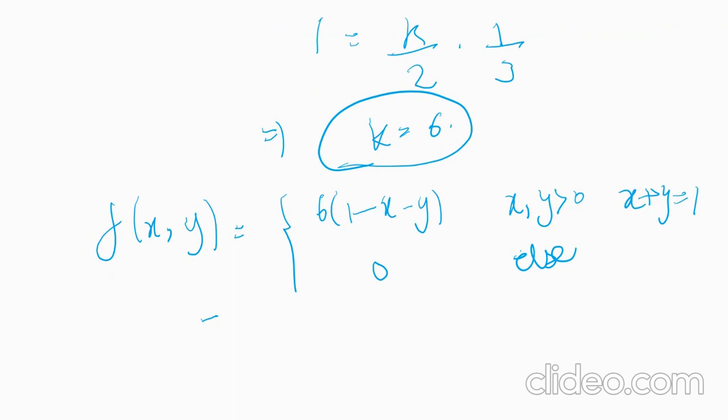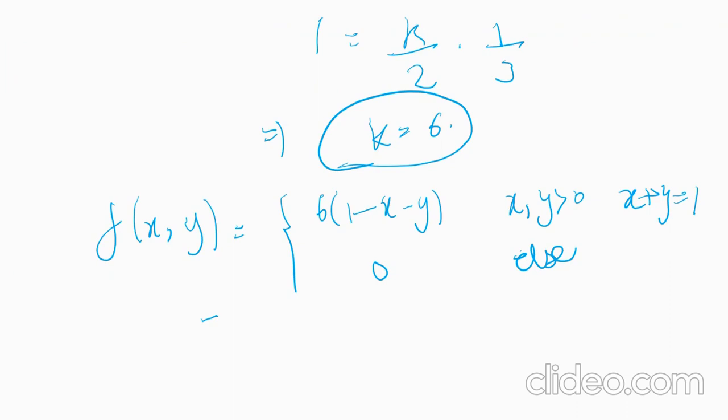Now 1 minus x square we can integrate, and then it will be 1 minus x whole cube divided by 3, and because there is minus x, it will be minus 1, and then it will go from 0 to 1.